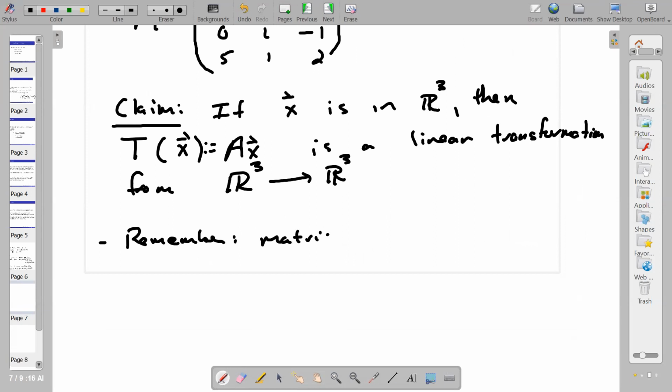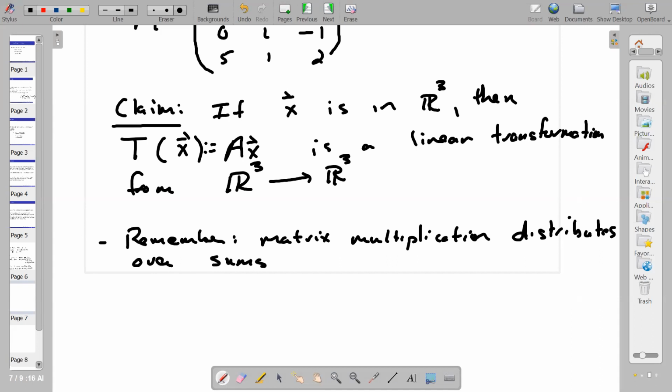So a couple things to remember. Matrix multiplication distributes over sums of vectors. So those are just words, but you're about to see, I think, what that means in the concrete sense.